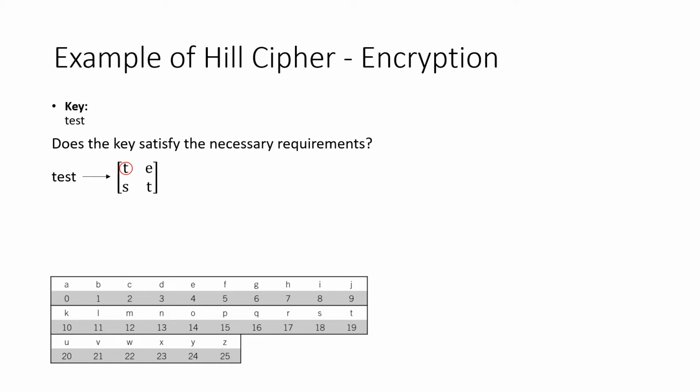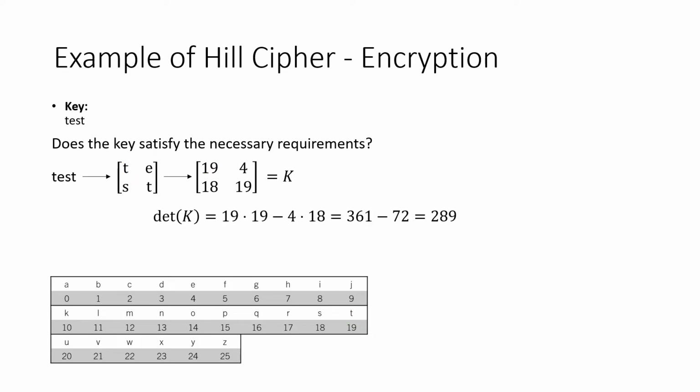First, we have letter T. We find letter T in our mapping. We see it corresponds to number 19, and we write it in the matrix and record it as 19, and we do the same process for every single element in this matrix. And we set it equal to K.